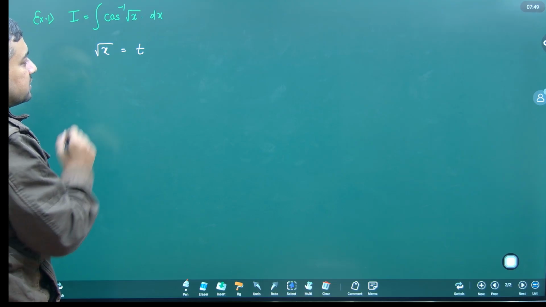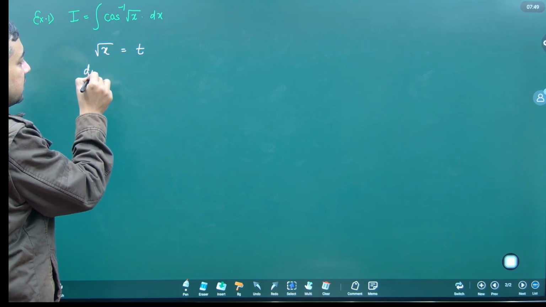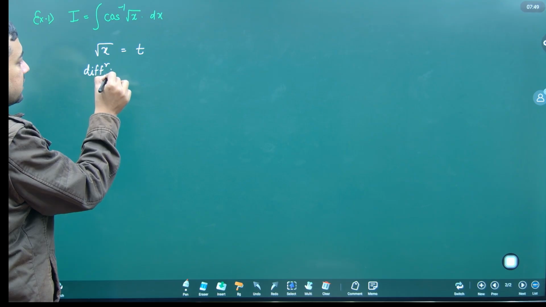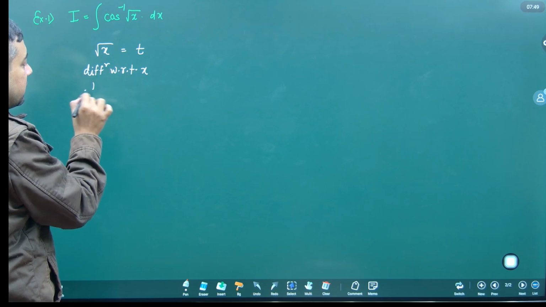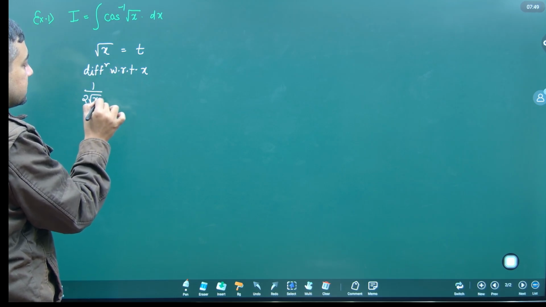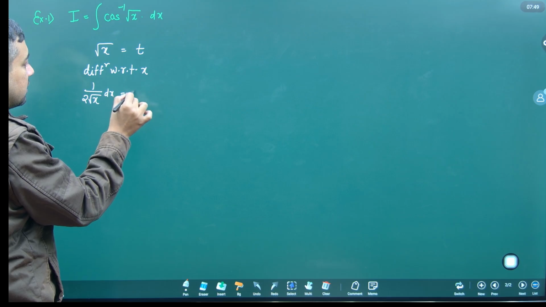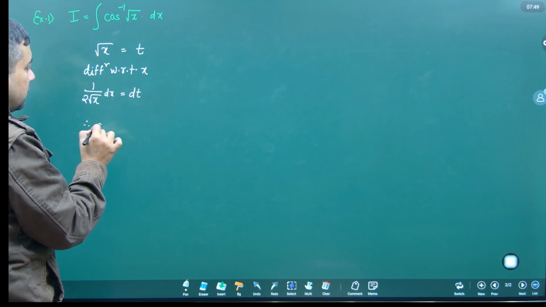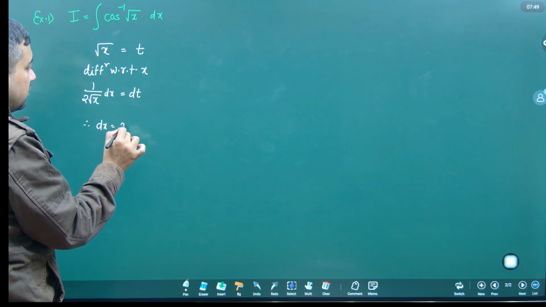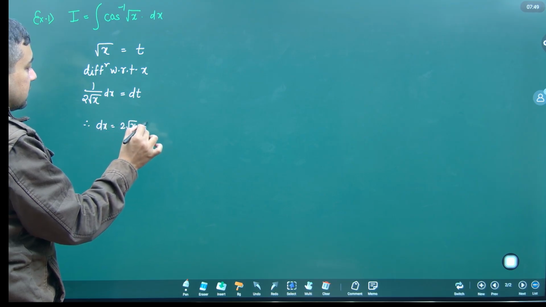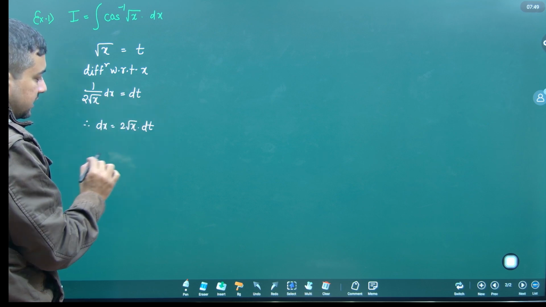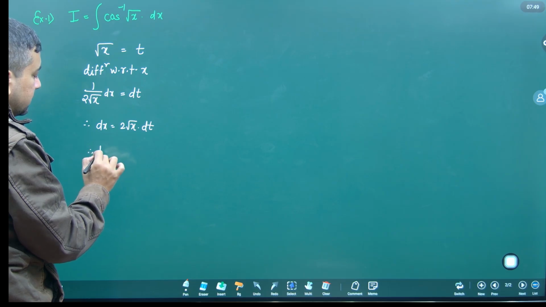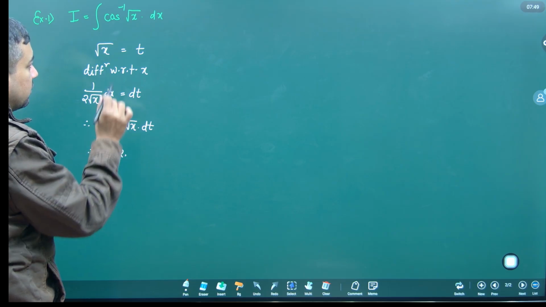So if root x is equal to t, differentiating with respect to x, root x derivative is 1 upon 2 root x, dx will be equal to what? Dt. So what about dx? Dx will be 2 root x dt, correct? I have taken this 2 root x to the RHS. So dx will be equal to 2 into, what is root x?